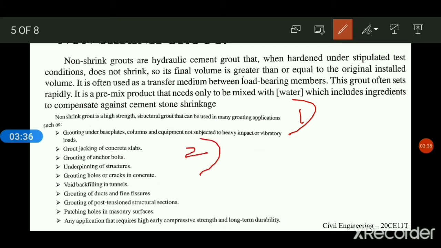Next, early strength components. For this, strength agents such as sodium sulfate, lithium chloride, and lithium carbonate are used.